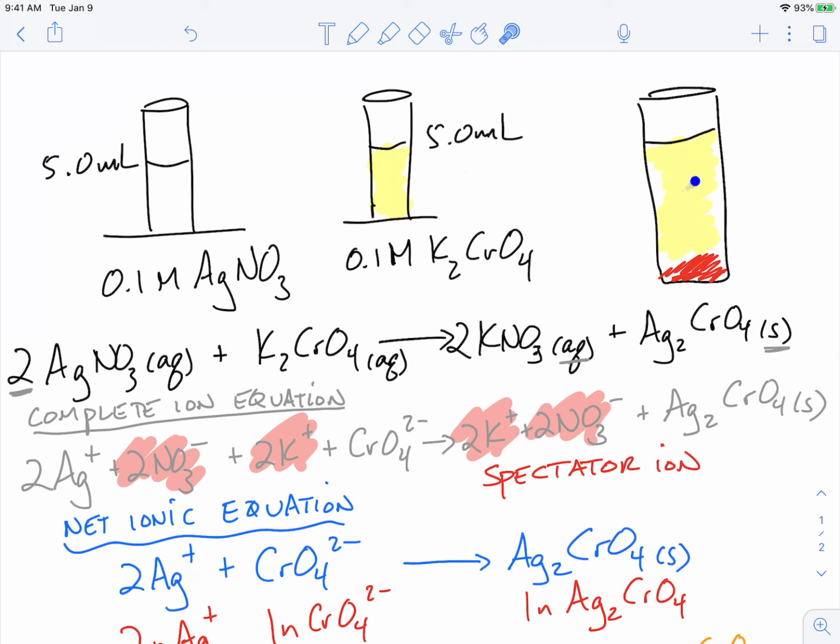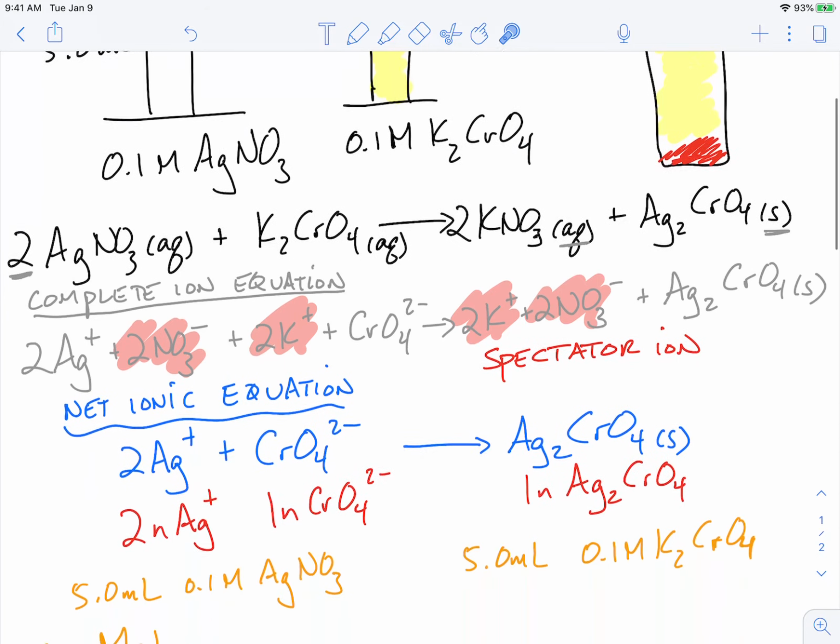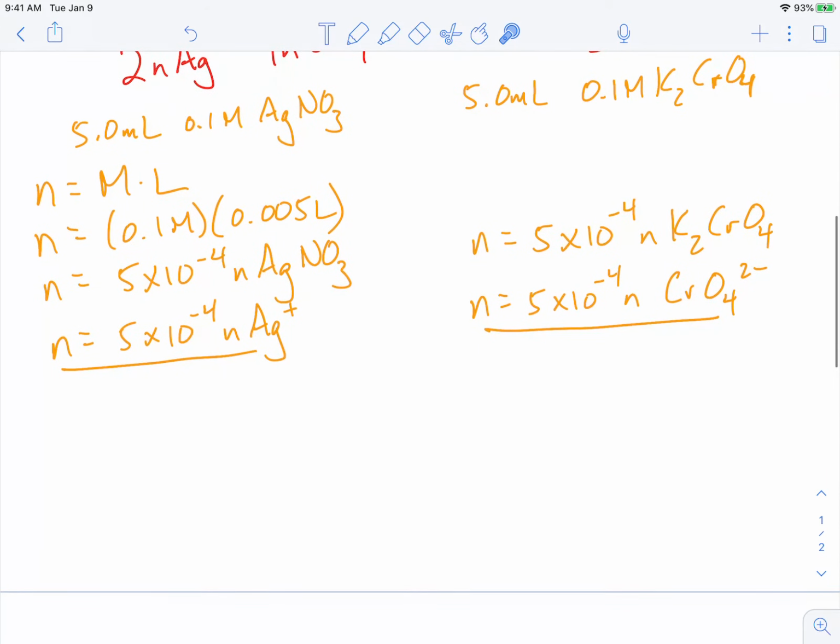So we know that this yellow must have come from excess potassium chromate. So how can we use these numbers here? Well, we basically know that we have excess chromate ions. So what we could do is figure out how many chromate ions you would actually need based upon your limiting reactant, which is our silver ion.